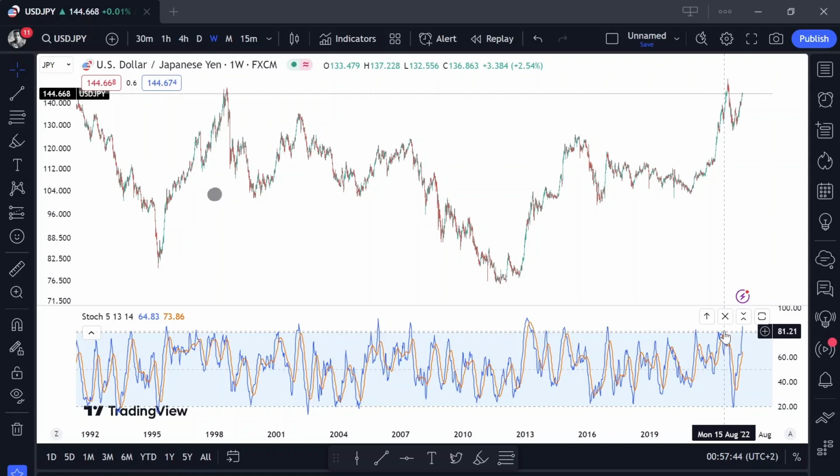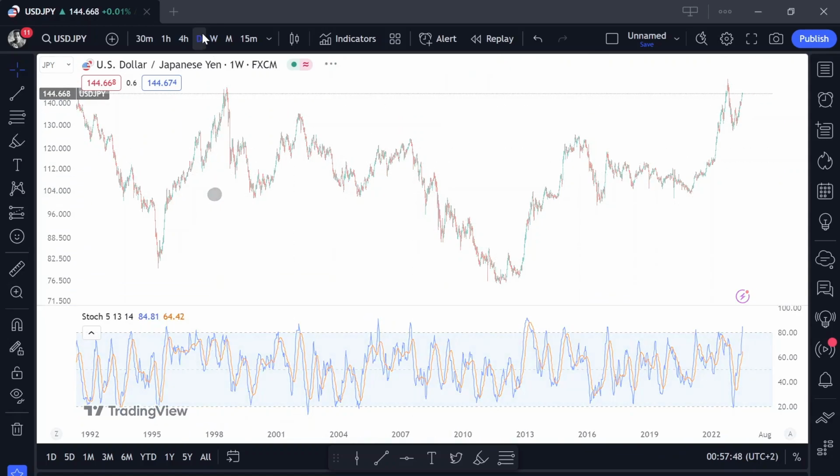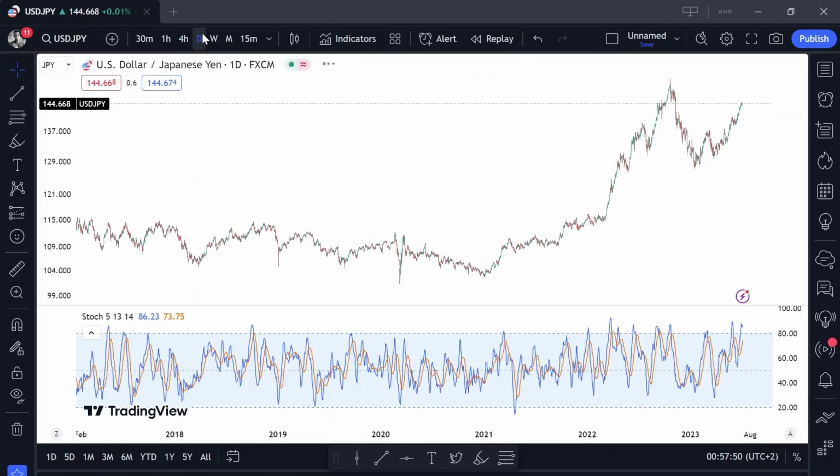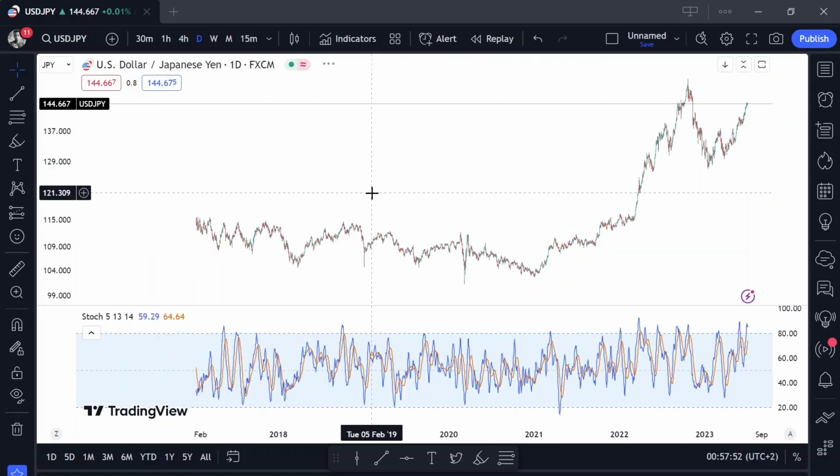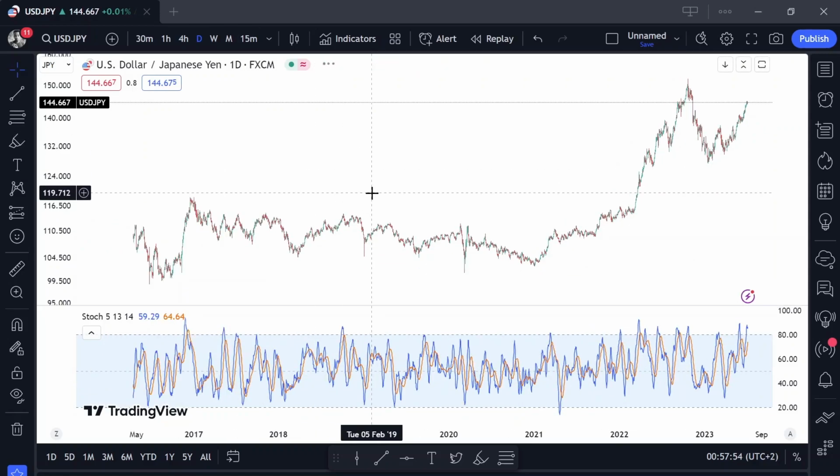Then that's fine. After you do this, make sure that you go to your daily time frame. If you go to your daily time frame, as you can see, this thing is bullish. On the monthly time frame and also on weekly, when we zoomed out, it was consolidating.